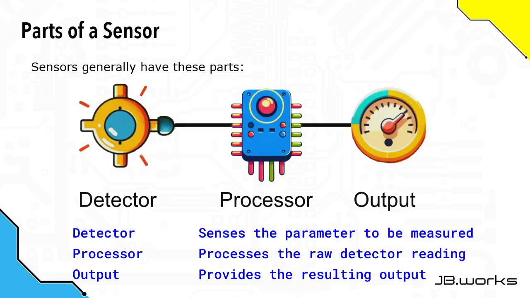And that something else is the output, and that's the last part. And the output is the end result. So it's a temperature reading on a dial for a human, or it's some data that gets sent off to a computer. So essentially all sensors will have these three parts, and especially electronic sensors.